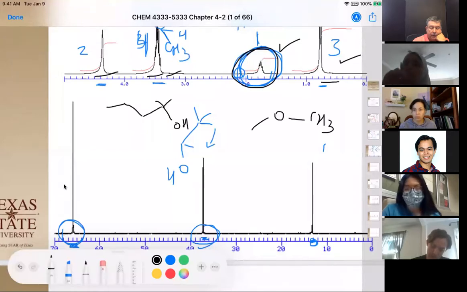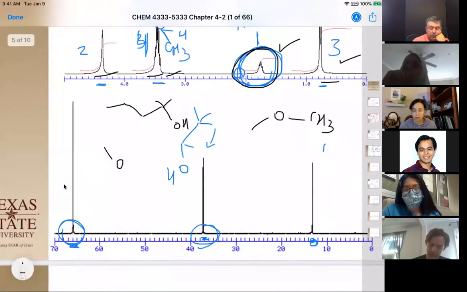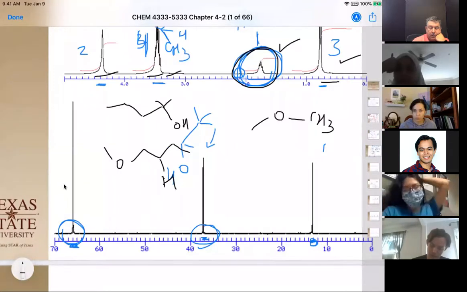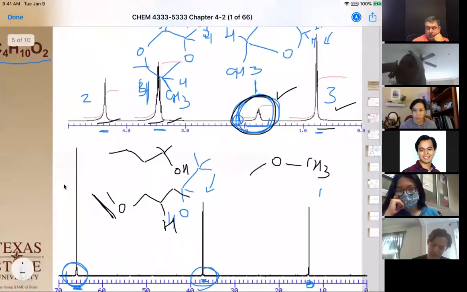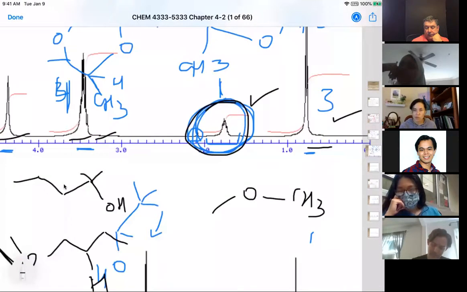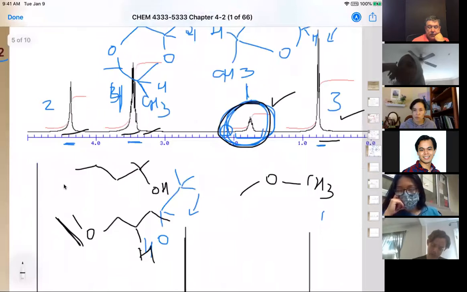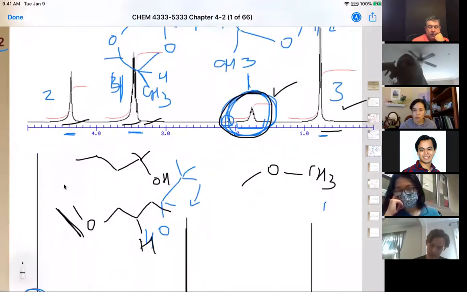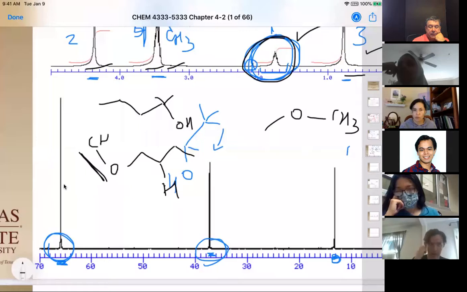So we'd have to have O, and then an alcohol somewhere. But we don't have an unsplit 3 protons. This is 2 and 2 and 2, so we don't have any place for this CH3 to be.